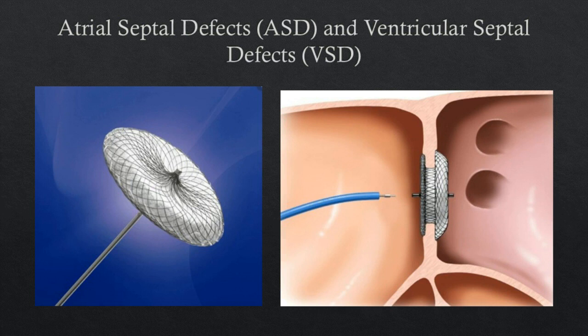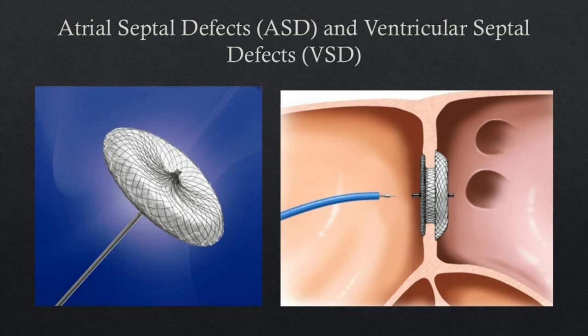In an ASD or VSD closure, which are typically performed on pediatric patients, a closure device is inserted in the vein and sent up to close the opening in the septal wall. Prior to the procedure, a TEE is performed under anesthesia to confirm the patient's defect can be closed with the device.